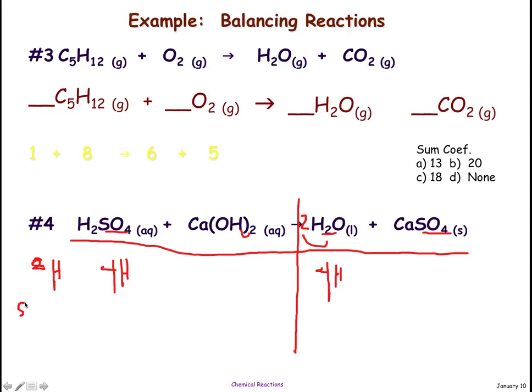So by balancing my sulfate as a unit, I don't have to worry about the sulfur or the oxygen in the balanced equation, because I see that I have 1 SO4 right here. When the polyatomic unit stays intact, balance it as a unit. I've got 1 SO4 here as well.